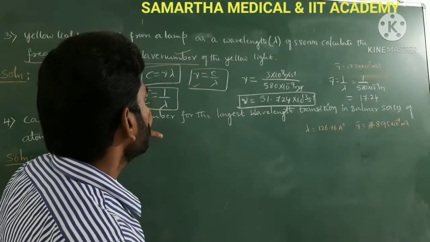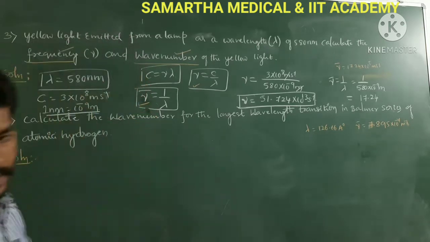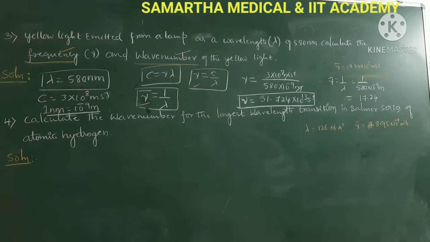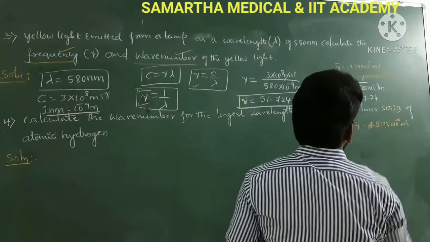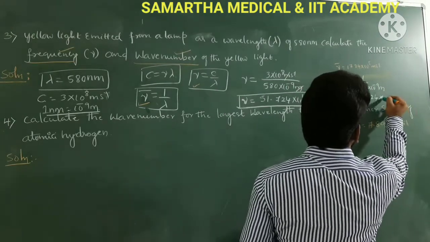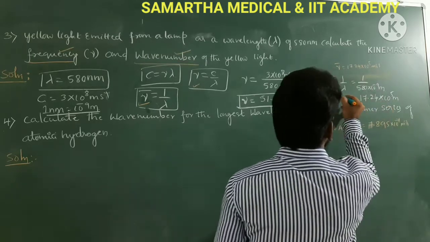Nu bar is 1 by lambda. The value is 17.24 into 10 to the power of 5 per meter, that is for nu bar.